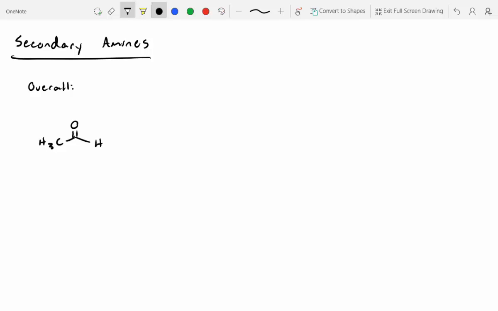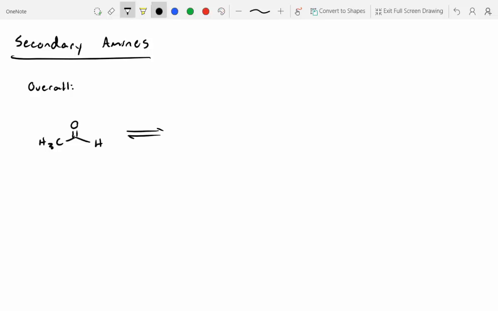What's this aldehyde called? You could call it ethanal, or what's the more common name? It's acetaldehyde, right? So we've got that acetate group on there. Either one of these would be acceptable.